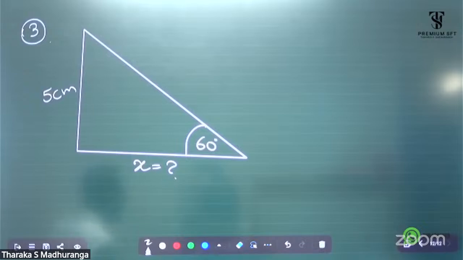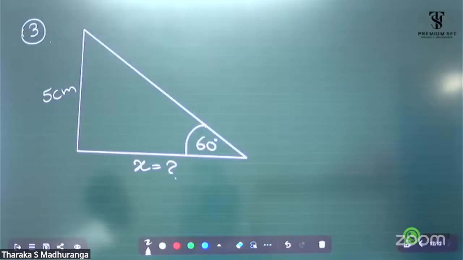Fatima, what's the x length? Sadev, what's the x length?